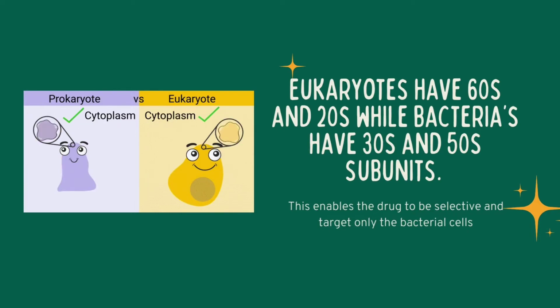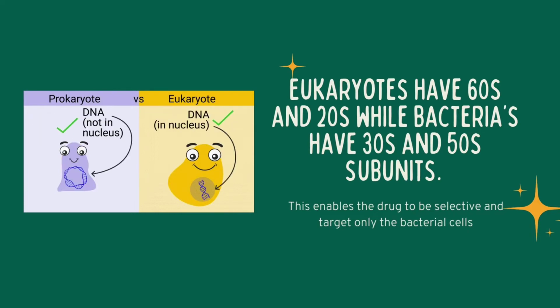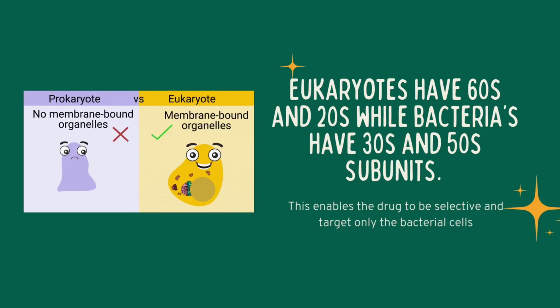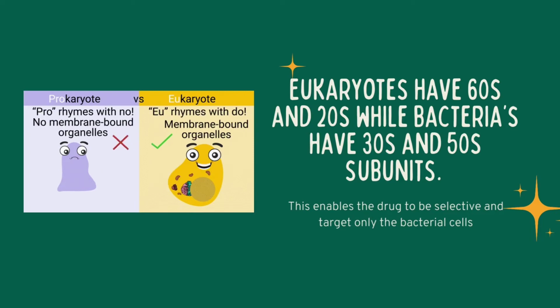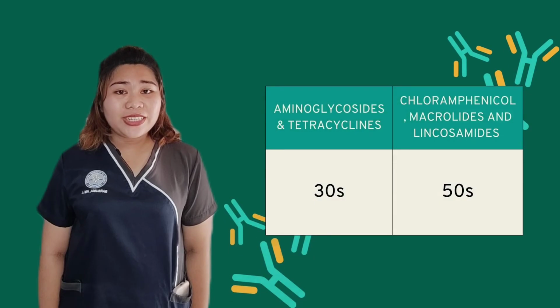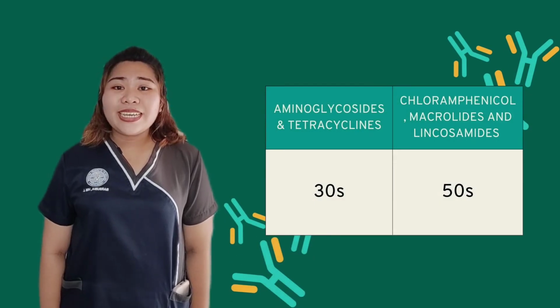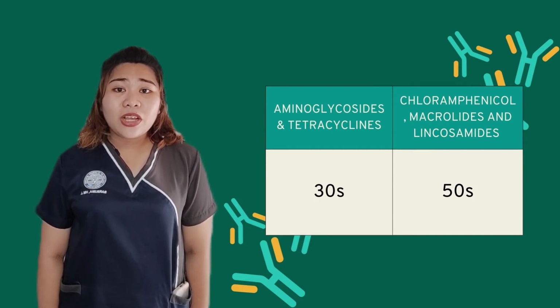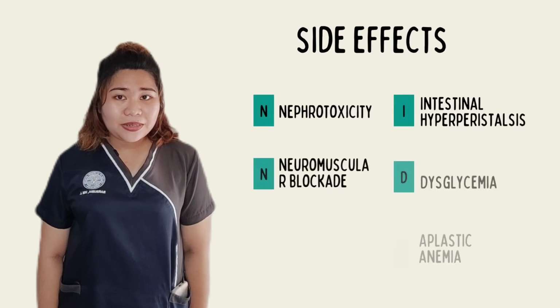Eukaryotes have 60S and 40S, while bacteria have 30S and 50S subunits. This enables the drug to be selective and target only the bacterial cells. Aminoglycosides and tetracyclines act on the 30S, while chloramphenicol, macrolides, and lincosamides act on the 50S.